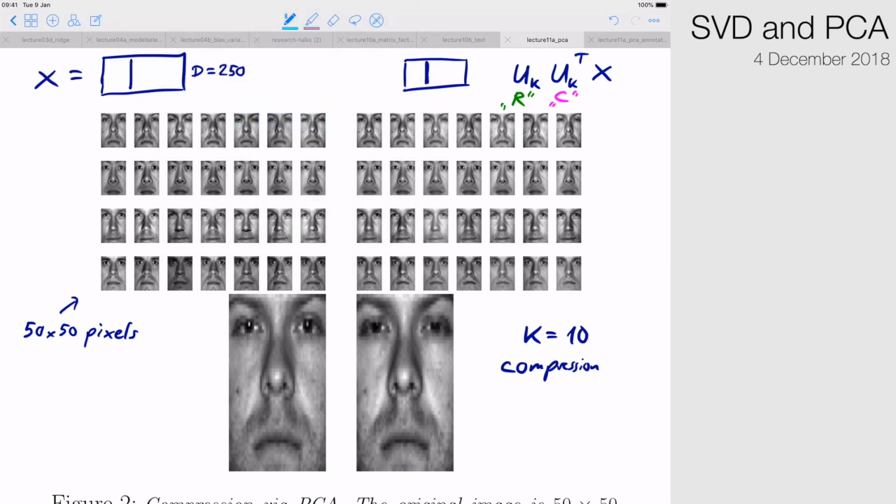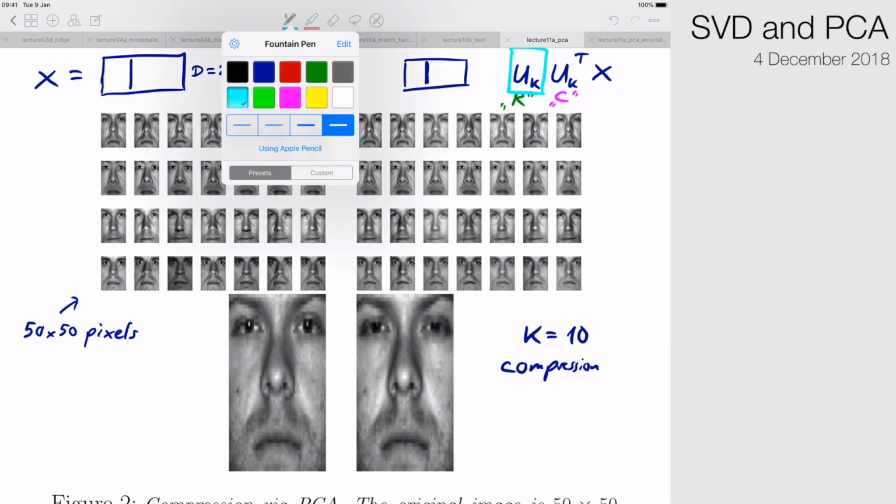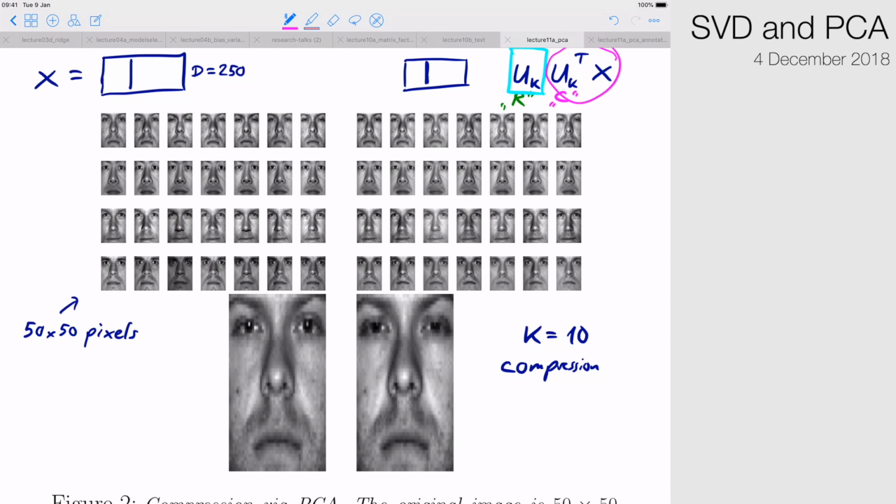They are actually images, and they kind of form a basis in our space, so they allow us to express images. If you look at this expression, the part on the right, the part in purple, and look at just one image, so one column of X, then this is a k-vector.